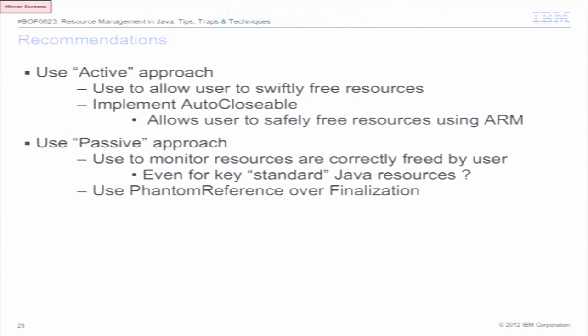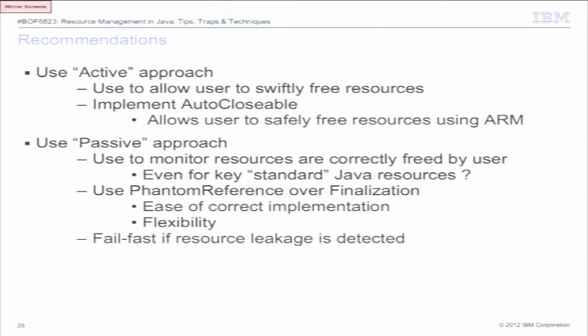It's preferable to use phantom references over finalization because of the ease of doing a correct implementation and the flexibility to possibly track standard resources, and to fail fast if you detect that a resource is leaking.